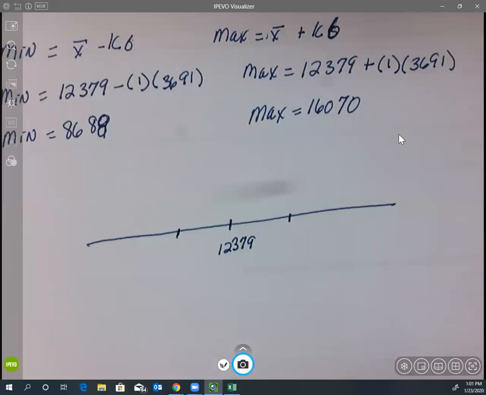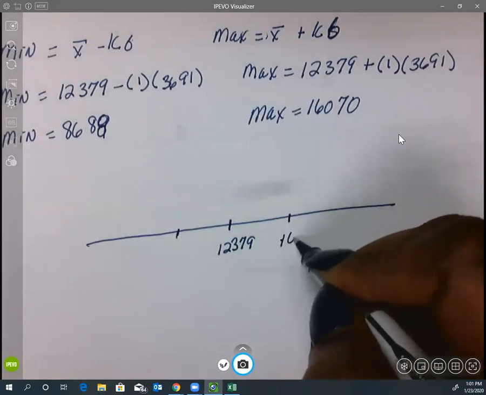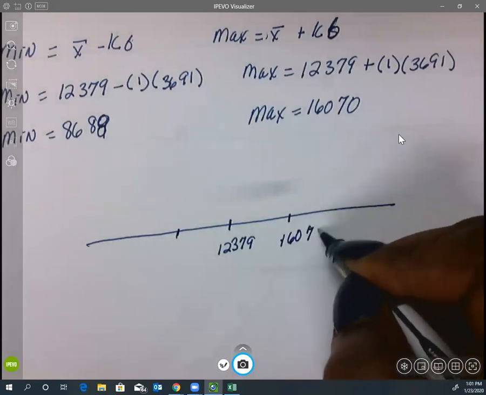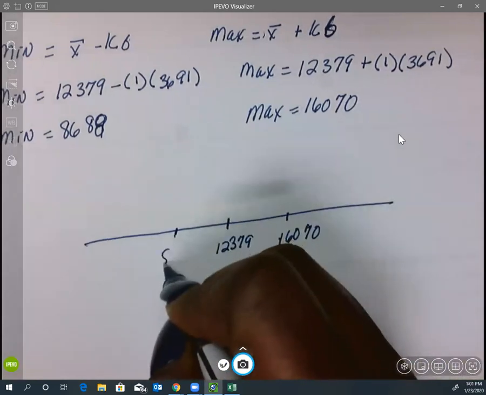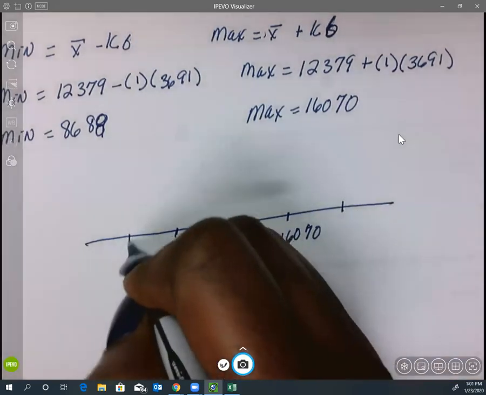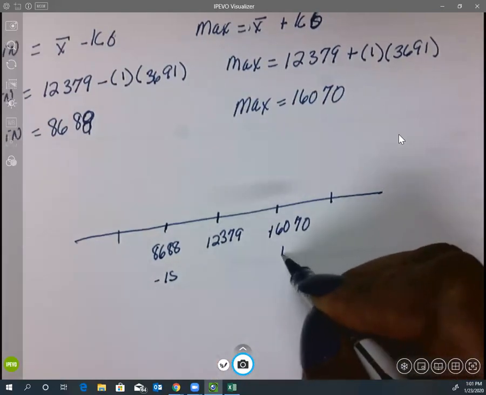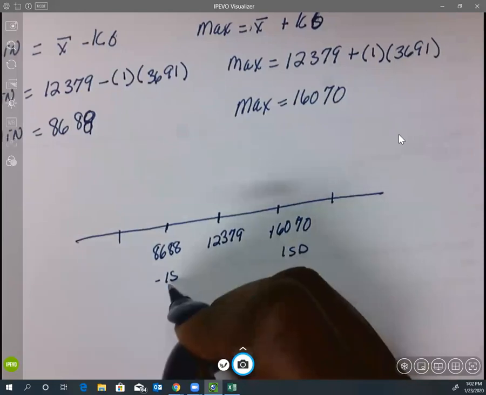So we just simply add my standard deviation, 3691. That's going to give me 16,070, subtract 8688. This is one standard deviation to the left, and this is one standard deviation to the right.